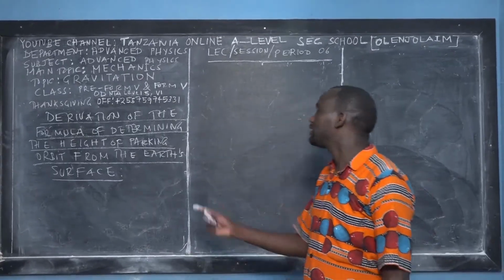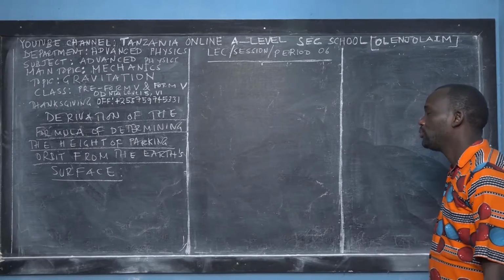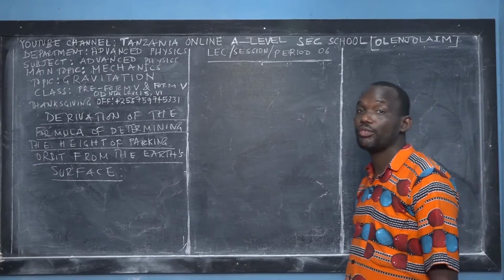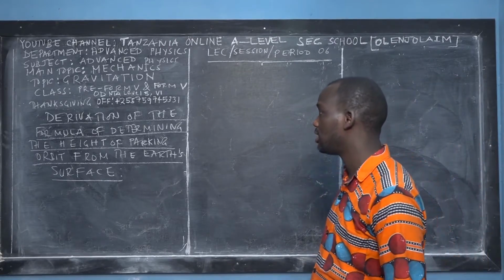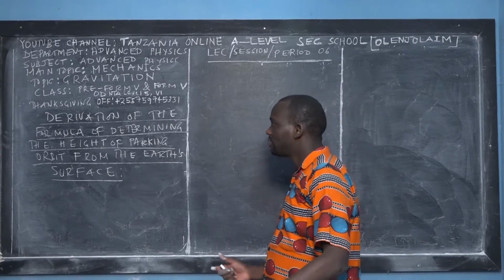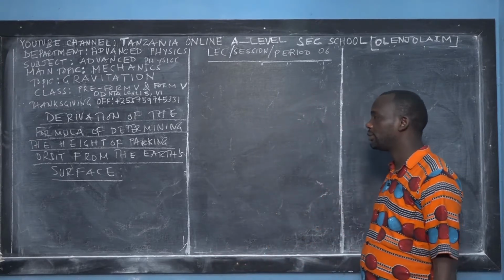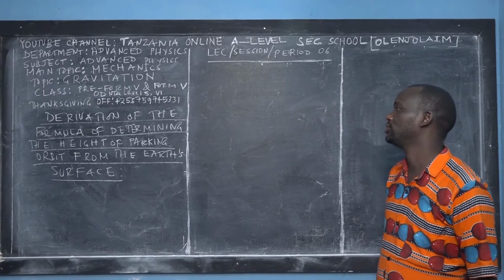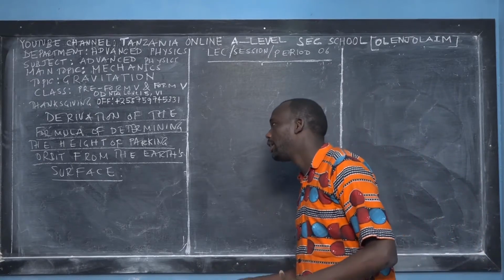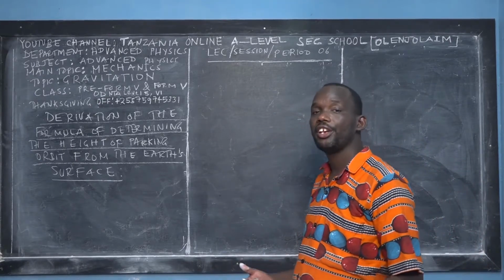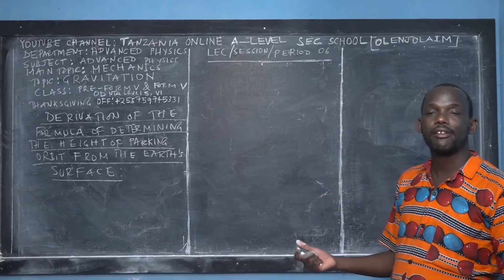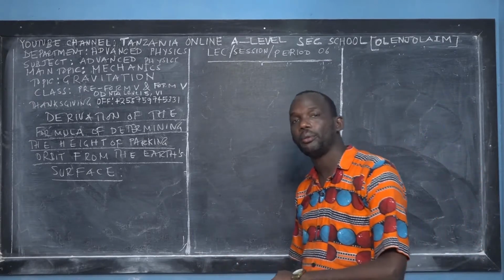Okay, so let us go now to a very interesting point of derivations, because you know advanced physics mentors or trains students on concepts, explanations, descriptions, derivations, and the main part is solving problems.